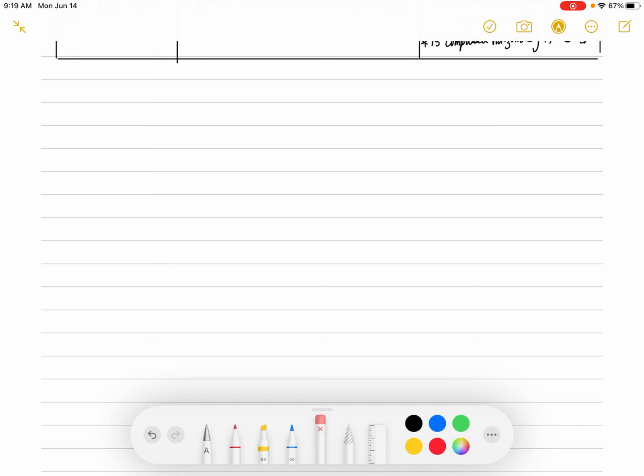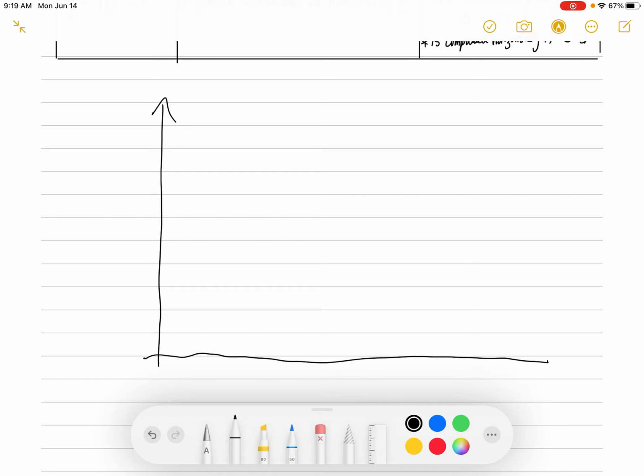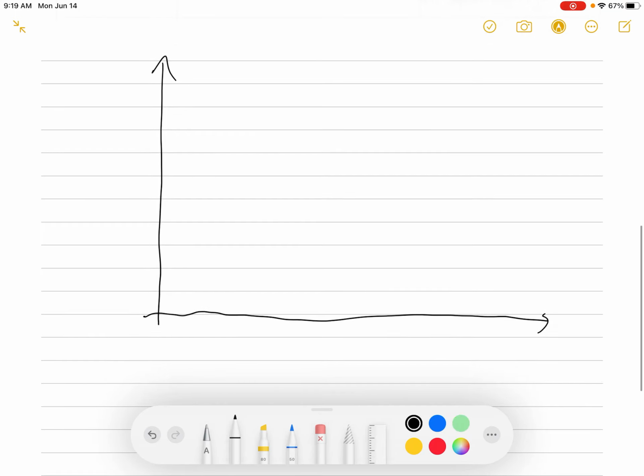Okay, so what we're going to do, we're going to start off by doing an x-axis and a y-axis. A vertical here, horizontal here. And we'll start off with, this will be our parent function, let's say. I'll focus on this point.